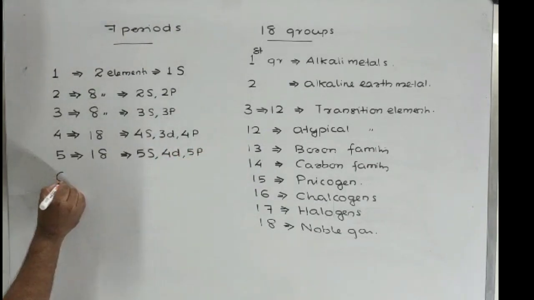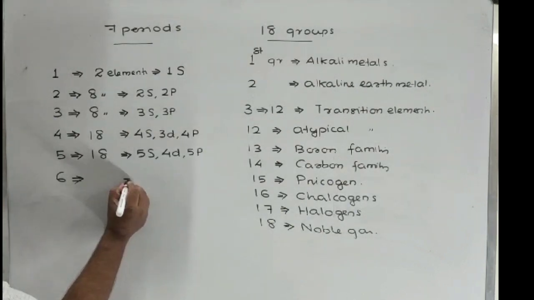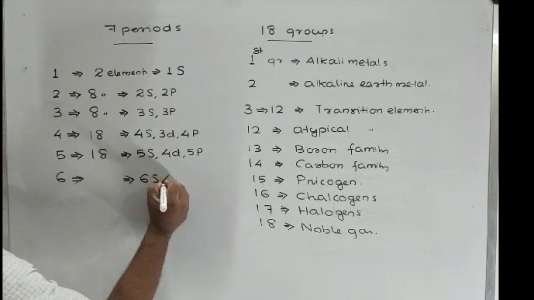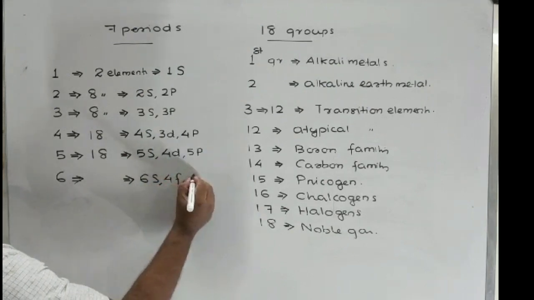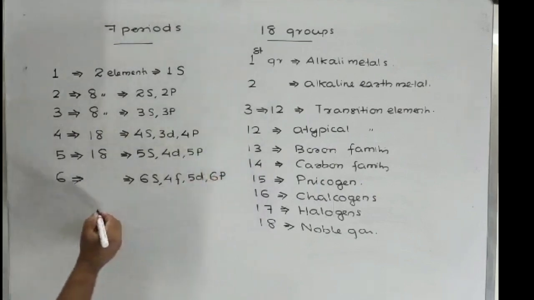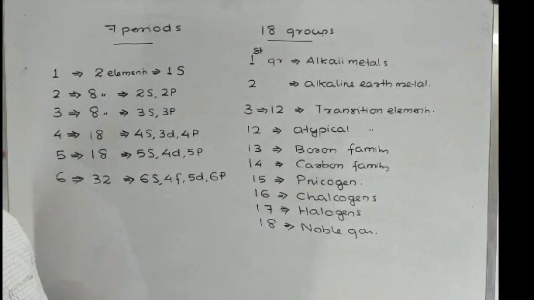Similarly, for the sixth period, how many elements can be arranged? Let's see what orbitals are used there. The orbitals used are 6s, 4f, 5d, 6p. It means you can accommodate a total of 32 elements.